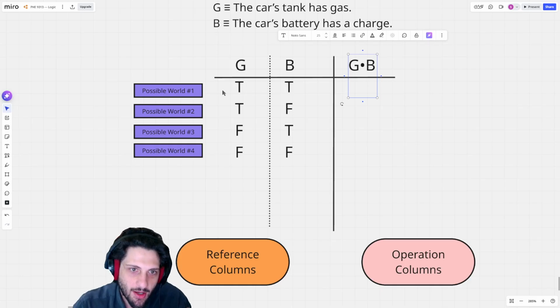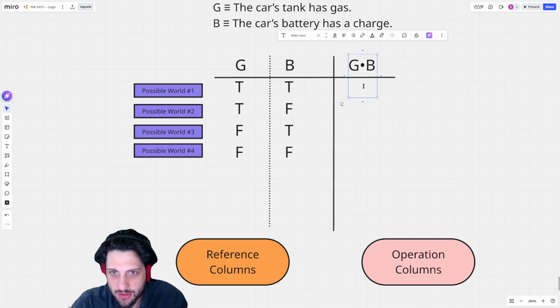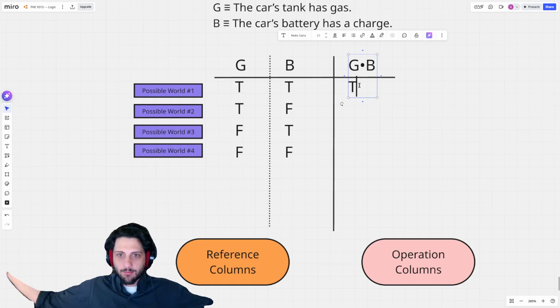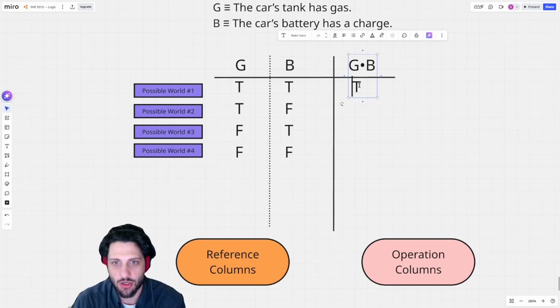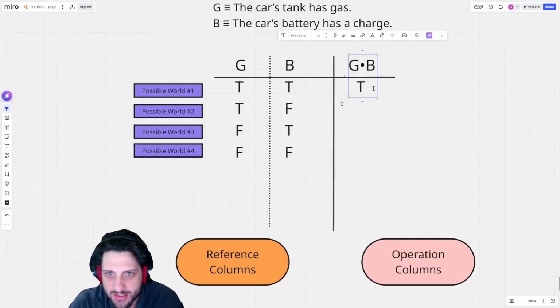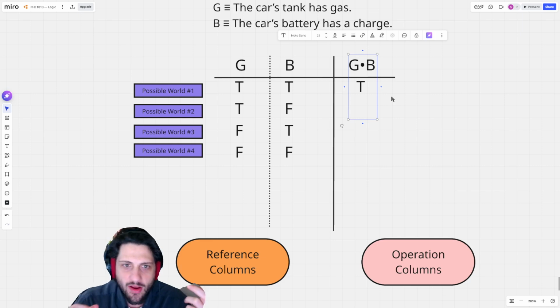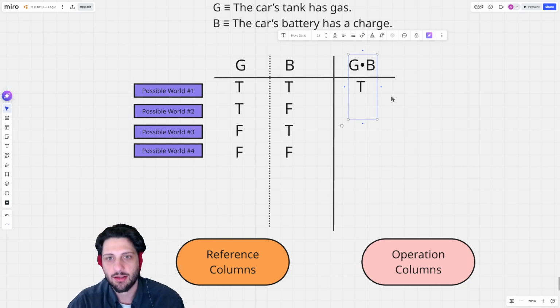And we already talked about how, okay, if I do have gas in the tank and I have charge in the battery, then it's true. It's accurate to tell me that, yes, you have gas in the tank and charge in the battery. That conjunction statement is true, right? Now, what if I only have gas in the tank? Would you be accurate in telling me, hey, you have gas in your tank and charge in your battery?